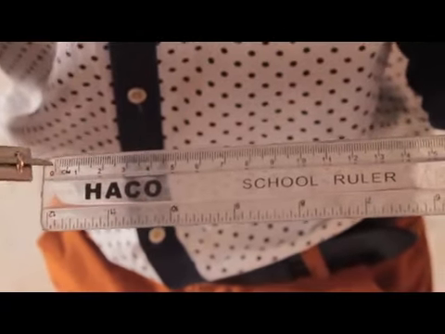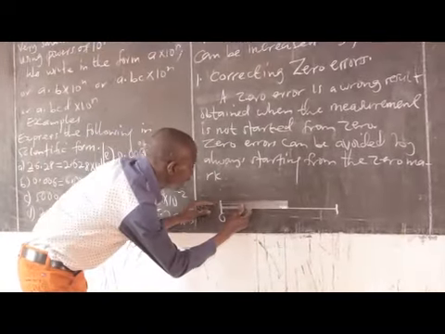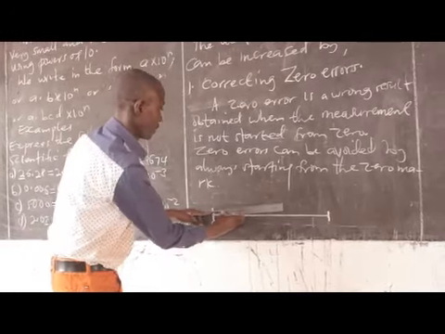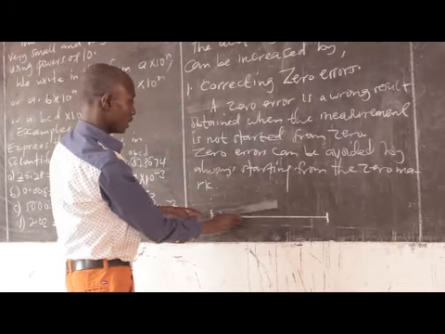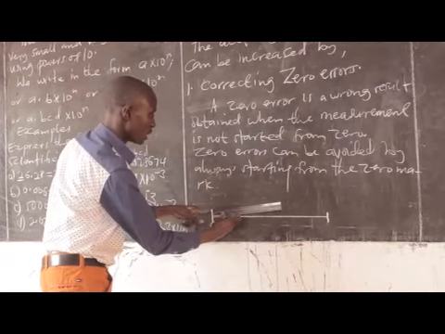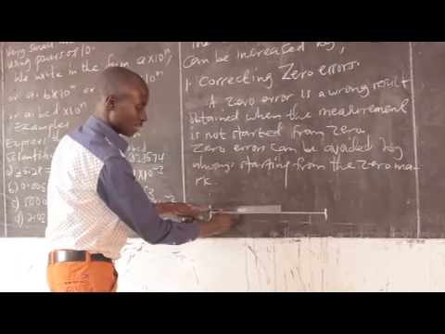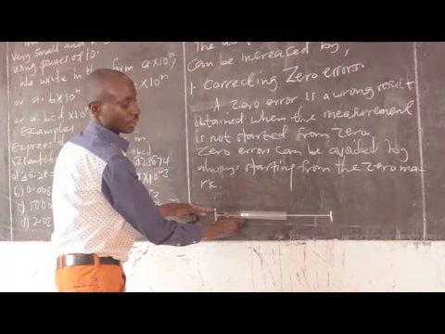Are you seeing this zero? It's not here, it is here. My zero mark should be at the starting point, not like this, because this space is not marked. When you use it like this, you will get the wrong value due to zero errors.